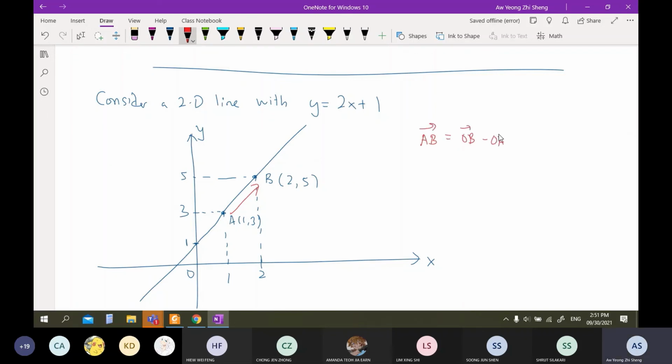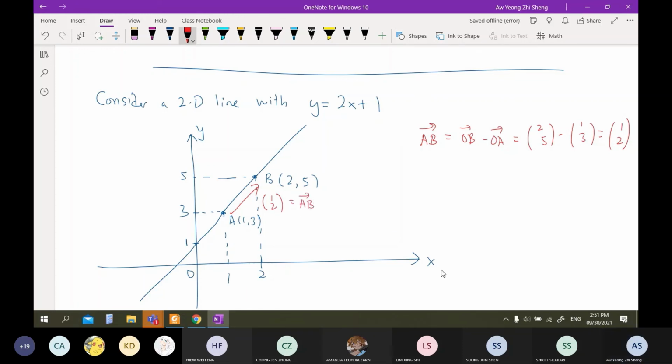AB is OB minus OA. (2, 5) minus (1, 3). You get (1, 2). So AB is the vector (1, 2). And this is the vector AB.